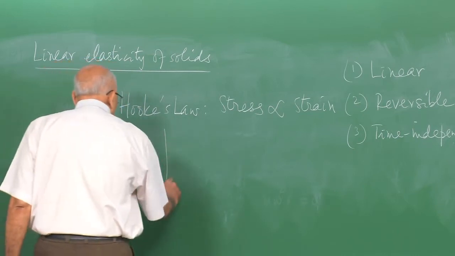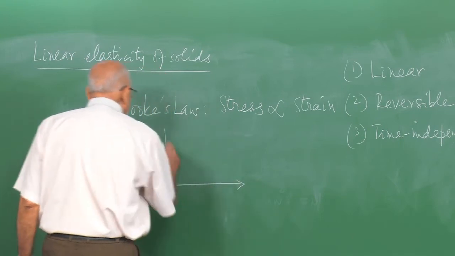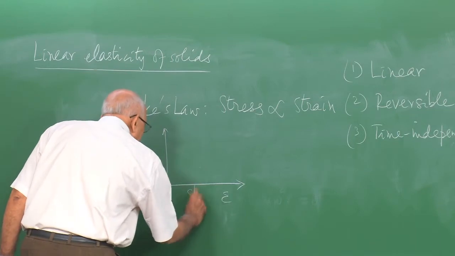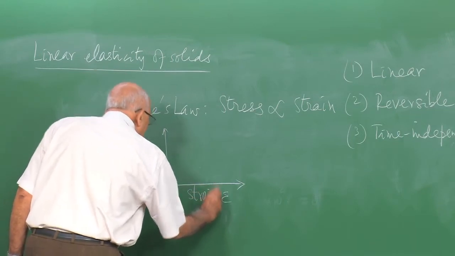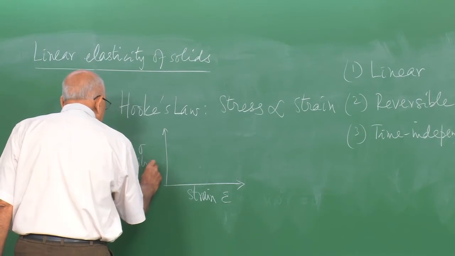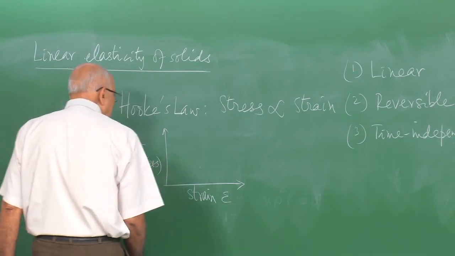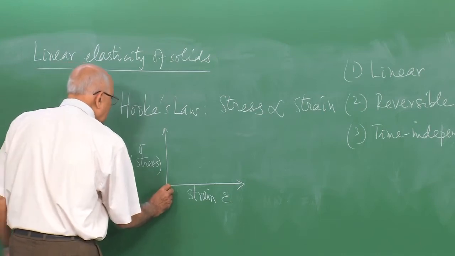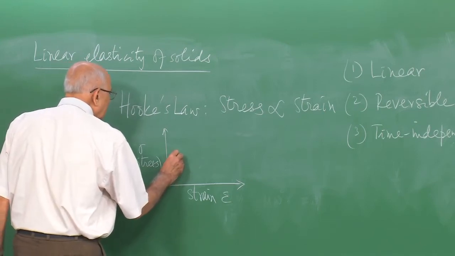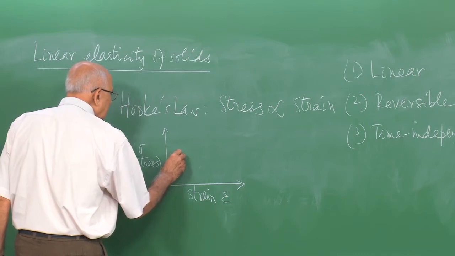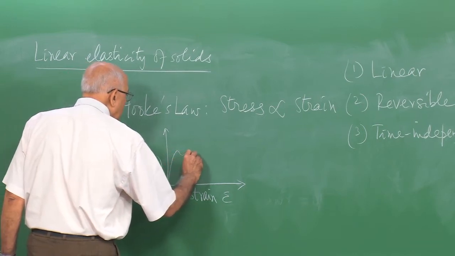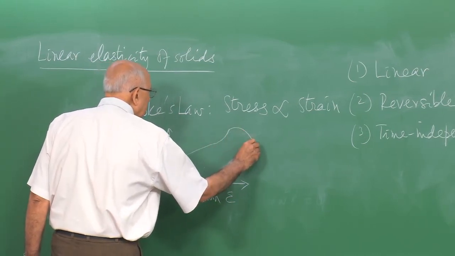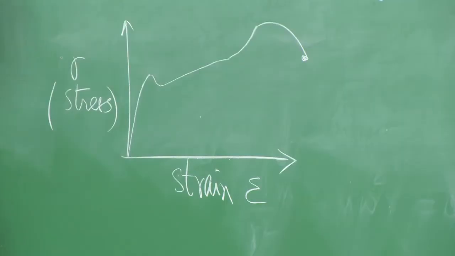Then you can plot, and we are going to say what the stress and strain are in detail. The conventional symbol is epsilon for the strain and sigma for the stress here. And the statement is that typically if you apply small strains, the stress is proportional to it, so it is linear, and then after a while it leaves the elastic region, there is what is called a yield drop, and then it goes and for a long time it flows, and then it takes off, flows much more rapidly, and finally it breaks at that point.